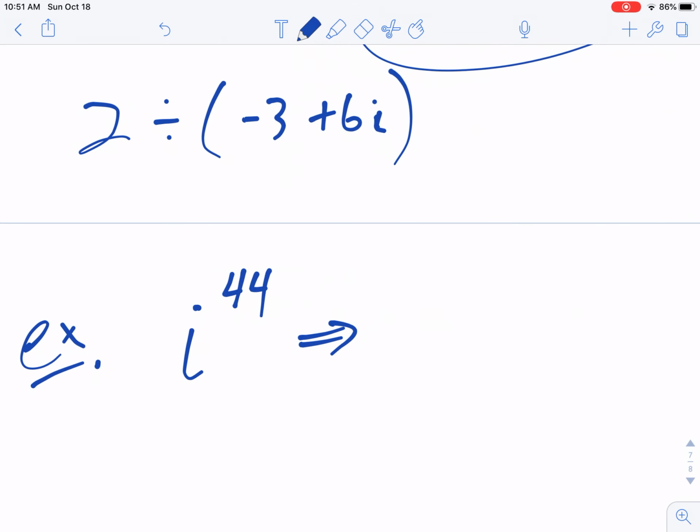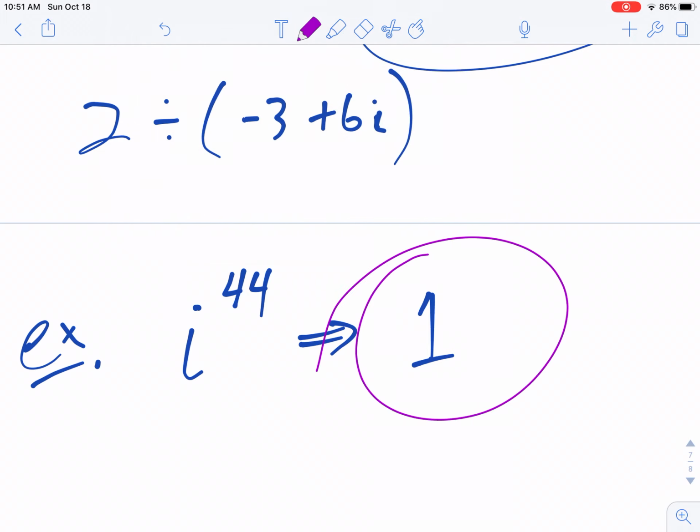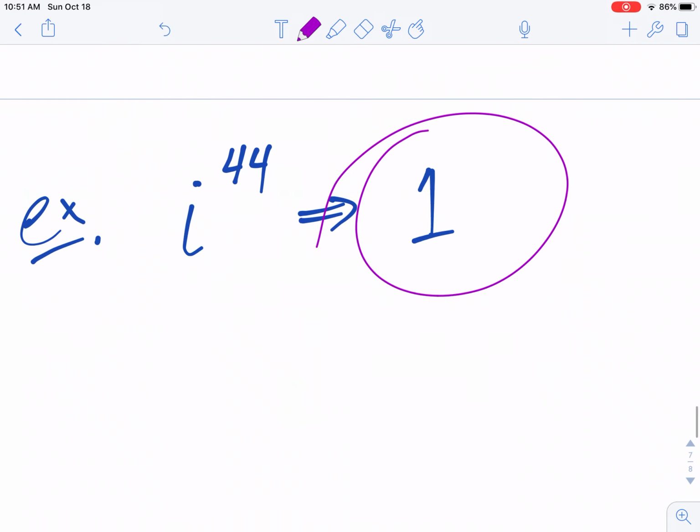But the newer the calculator you have, the more updated the software is going to be. My older calculator gave me, if you care, if you're still listening, 1 plus 4e to the negative 13 i.